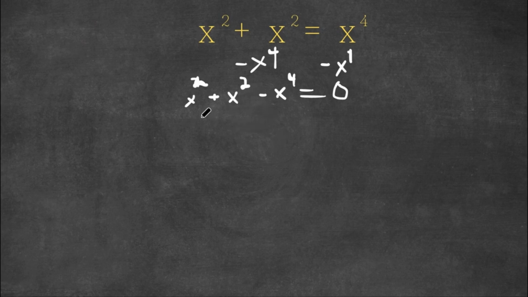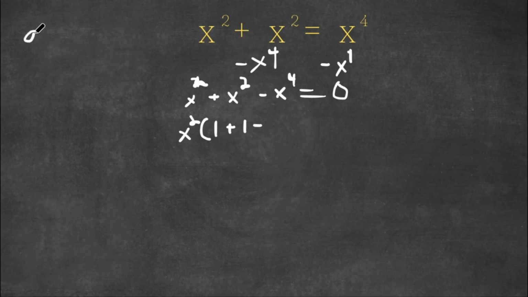Now what I'm going to do is I'm going to factor out the greatest common factor of all these terms, which is actually x squared. So now we have x squared times x squared divided by x squared is 1 plus x squared divided by x squared is 1 minus x to the power 4 divided by x squared.